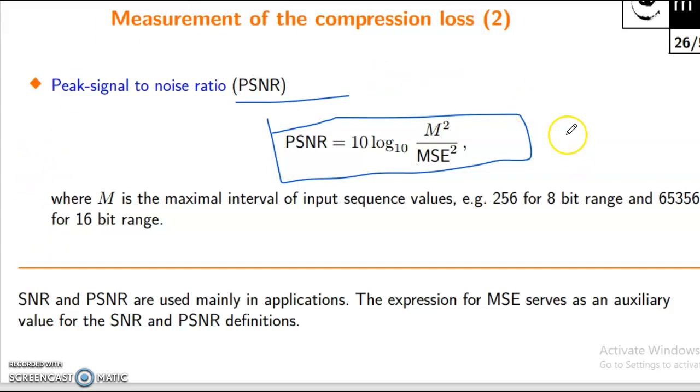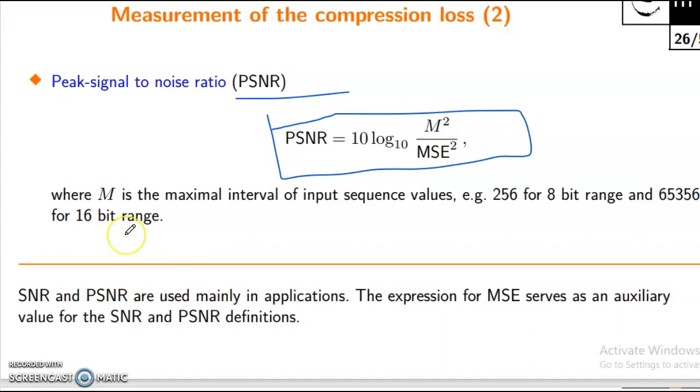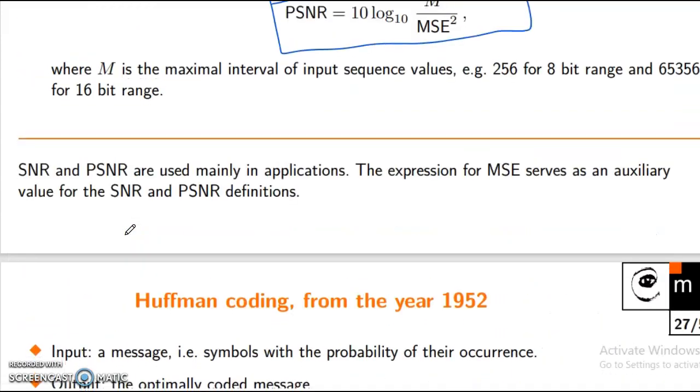Where M is the maximal interval of input sequence values. Example: 256 for 8-bit range and 65,536 for 16-bit range.